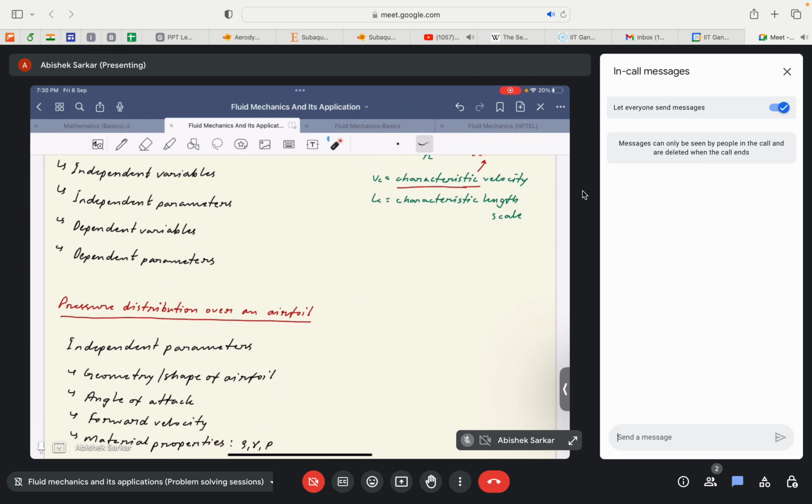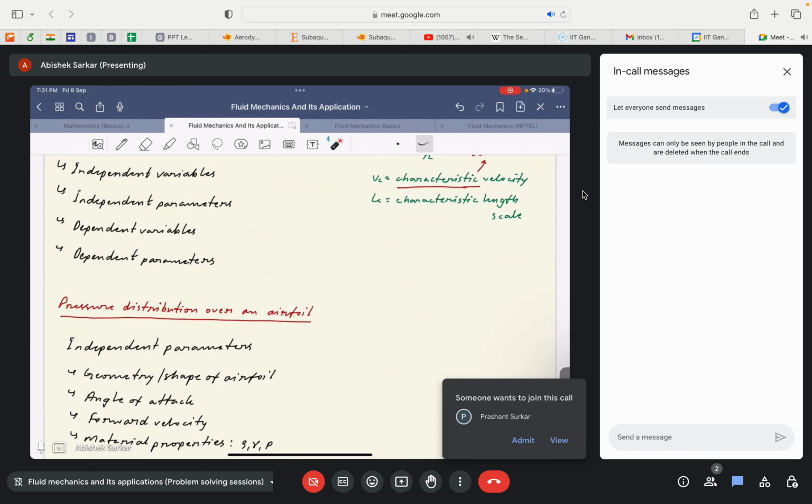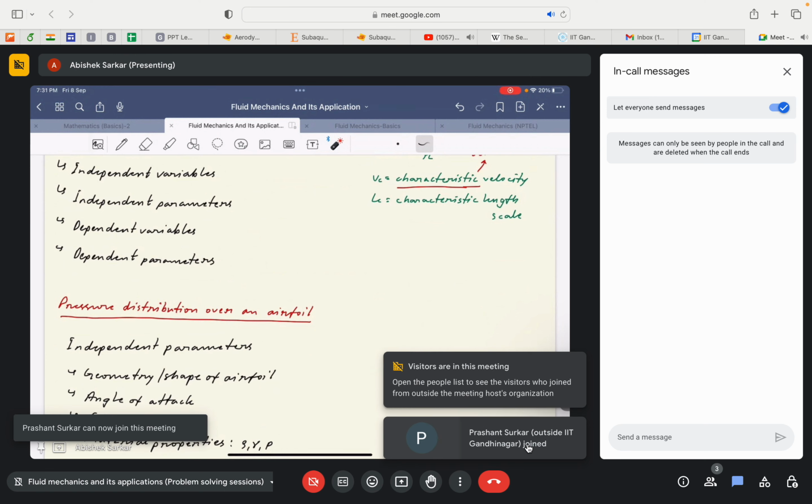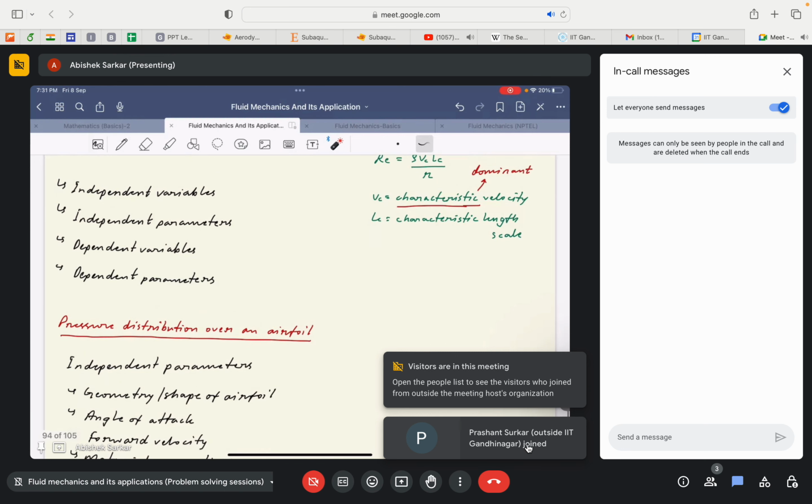In the case of any flow measuring experiment or flow field, even if it's not an experiment, if you're doing some theoretical studies also, in those cases the independent variables are usually the coordinate system that we have chosen to define our system.